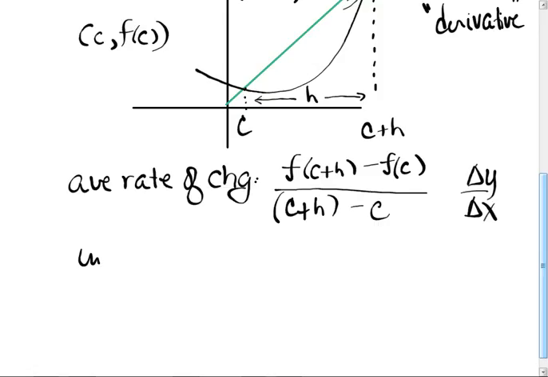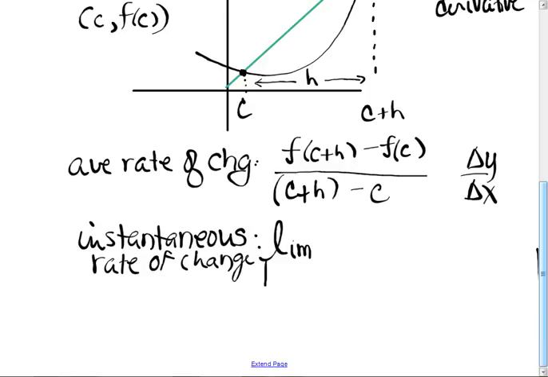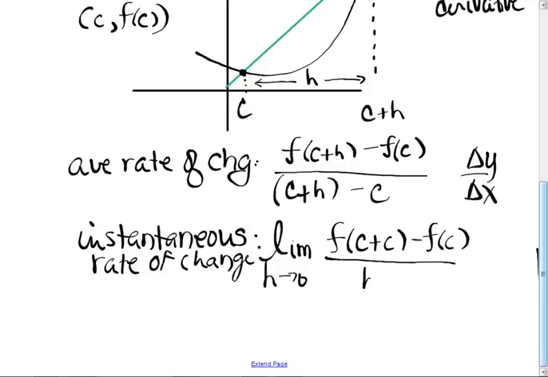And what's the instantaneous rate of change then, or the derivative? What do you have to do to get the instantaneous rate of change? Right, you're going to drag that point down the curve until it comes to this point right here. So it's the limit as h goes to 0 of this expression of the average rate of change, f of c plus h minus f of c, all over h.